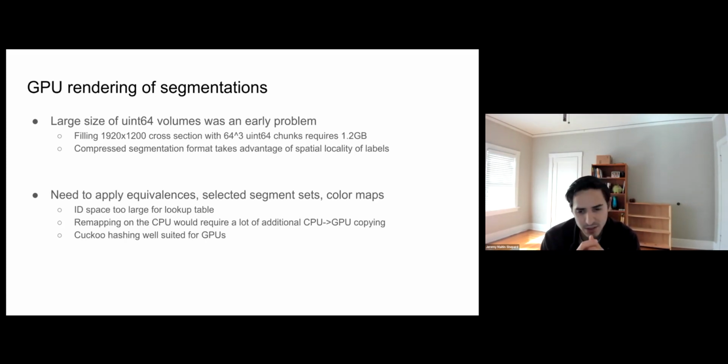There's an interesting constraint with GPU programming: we don't want to have to do a lot of divergent work at different locations in the image, and we also don't want to have potentially high latency. So with a regular hash table, on average you have to do a small number of lookups in memory to find the key that you're looking for.